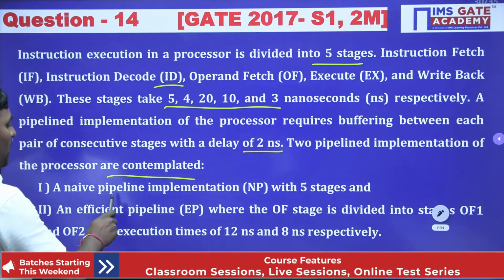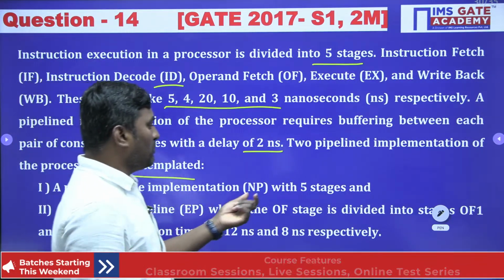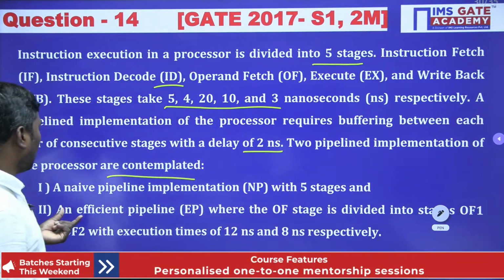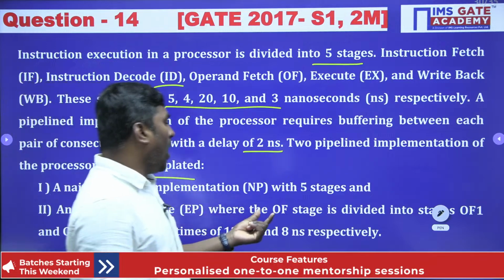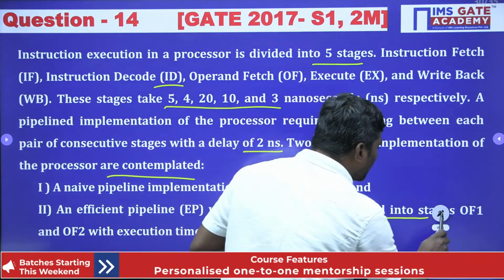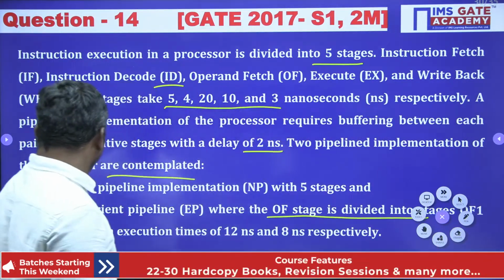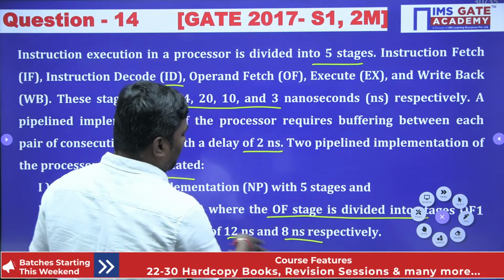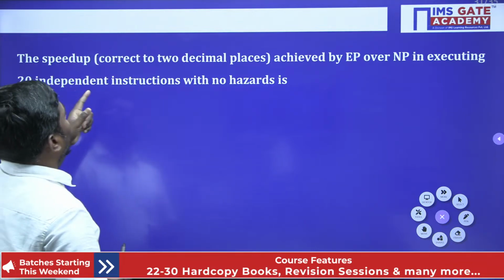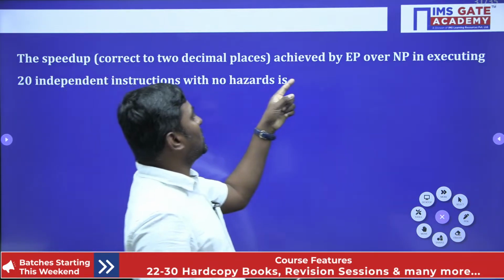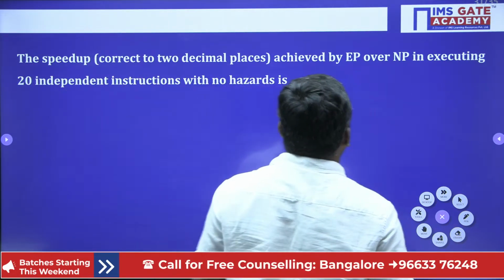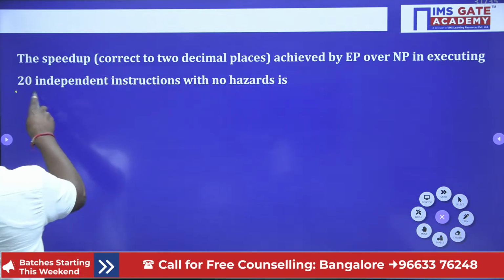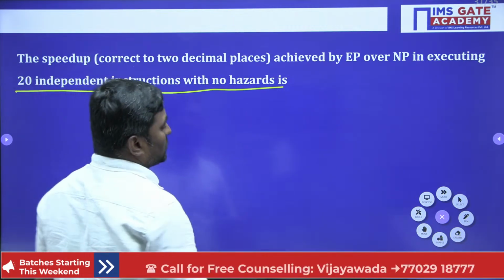Two pipeline implementations of the processor are contemplated: a naive pipeline implementation, that is NP, with 5 stages, and another, an efficient pipeline EP, where the operand fetch stage is divided into 2 stages, OF1 and OF2, with execution times of 12 and 8 nanoseconds respectively. Then the speedup, correct to 2 decimal places, achieved by EP over NP for executing 20 independent instructions with no hazards.